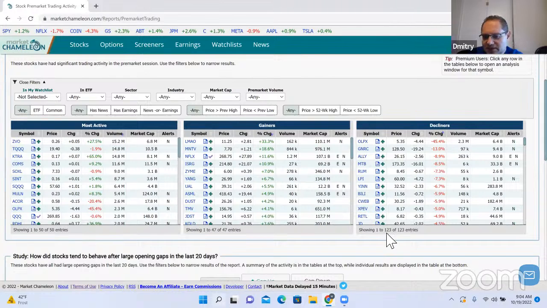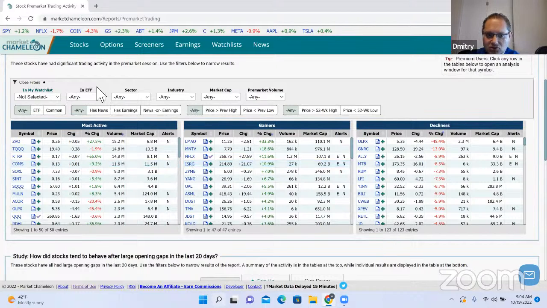So from this perspective, we're looking at a more bearish bias at the open. I'm going to filter this list down to S&P 500 stocks. We want to take out closed-end funds, ETFs, preferred stocks, leveraged products, all those. Let's get rid of them to see what's going on in the S&P 500.